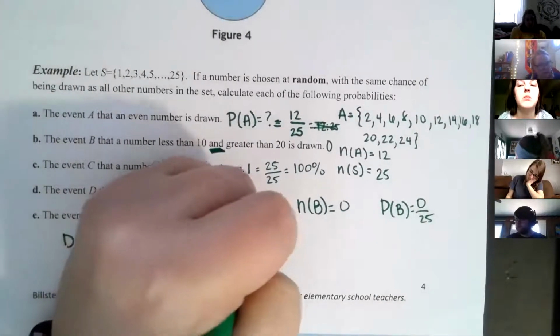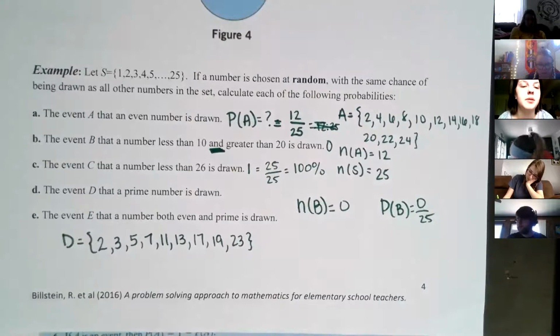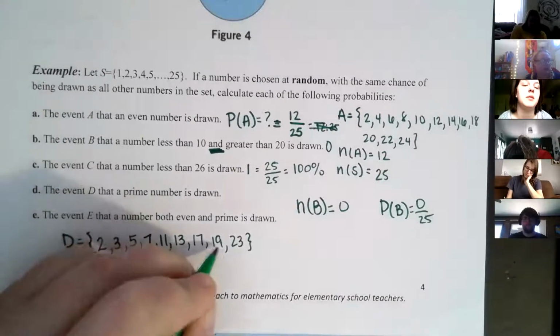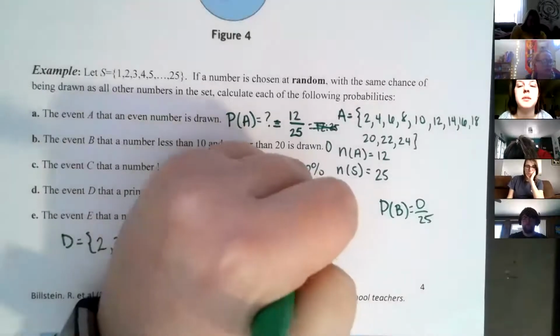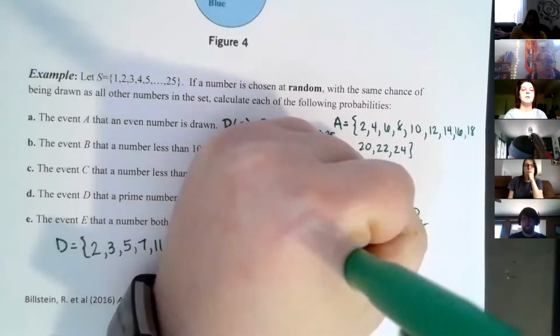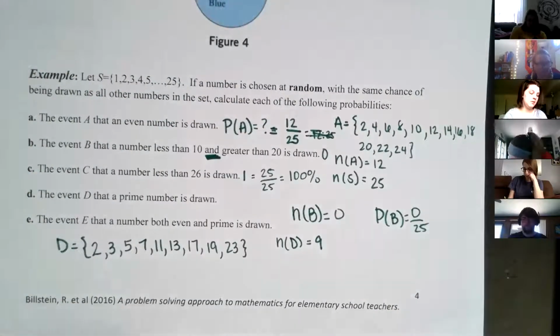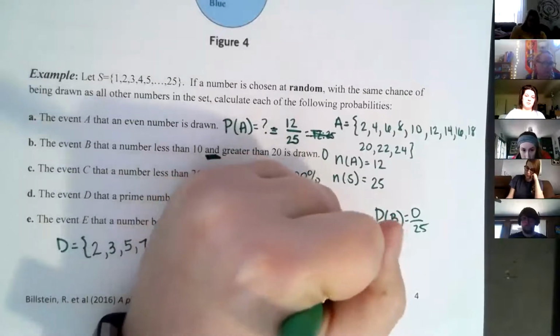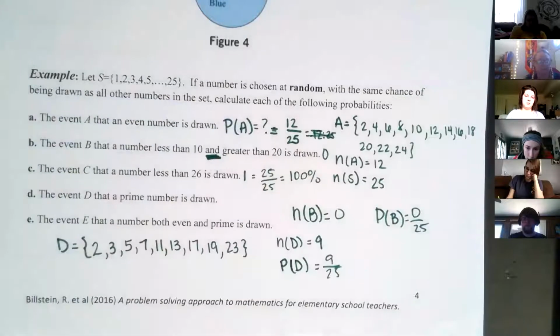I think that's it. So that would be 1, 2, 3, 4, 5, 6, 7, 8, 9. So the size of D is 9. So the probability of D is 9 out of 25.